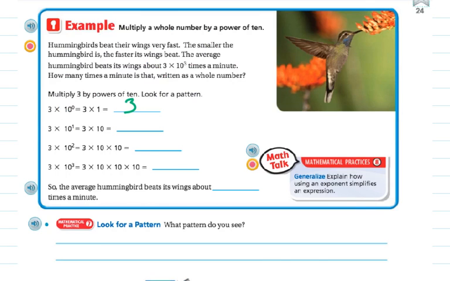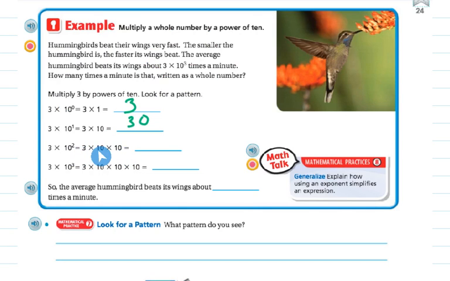We know that 3 times the first power of 10, if we evaluate the first power of 10, we know that's 10. So 3 times 10 would be 30. Next, we know that 3 times the second power of 10 is really like saying 3 times 10 times 10, because the second power of 10 is just a different way that we can express 10 times 10.